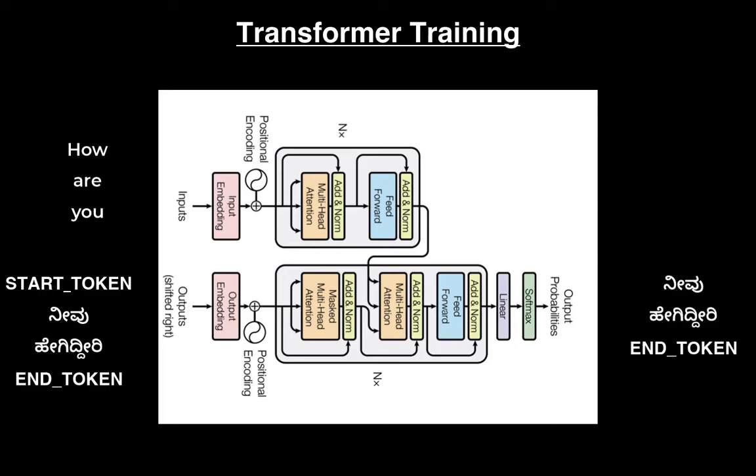This is because, given the start token, we want to predict the first word of the sentence. Given the start token and the first word, we want to predict the second word, and if we're given the start token and the first two words, we want to predict the third word, and so on.